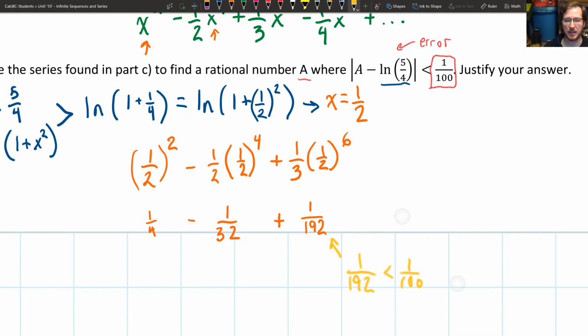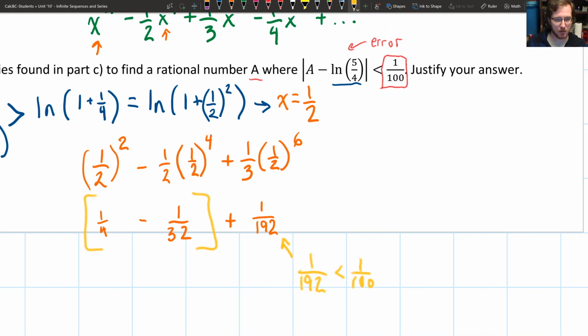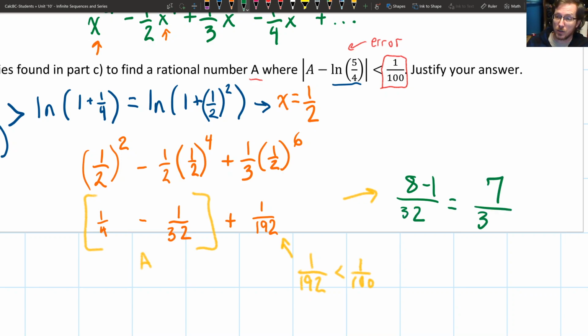This tells us to stop. This is going to be our error, and we want to just include the part before it as our approximation A. So what is that? 1/4 minus 1/32. 4 goes into 32 8 times, so that's 8 minus 1 out of 32, 7/32. That is our A value.